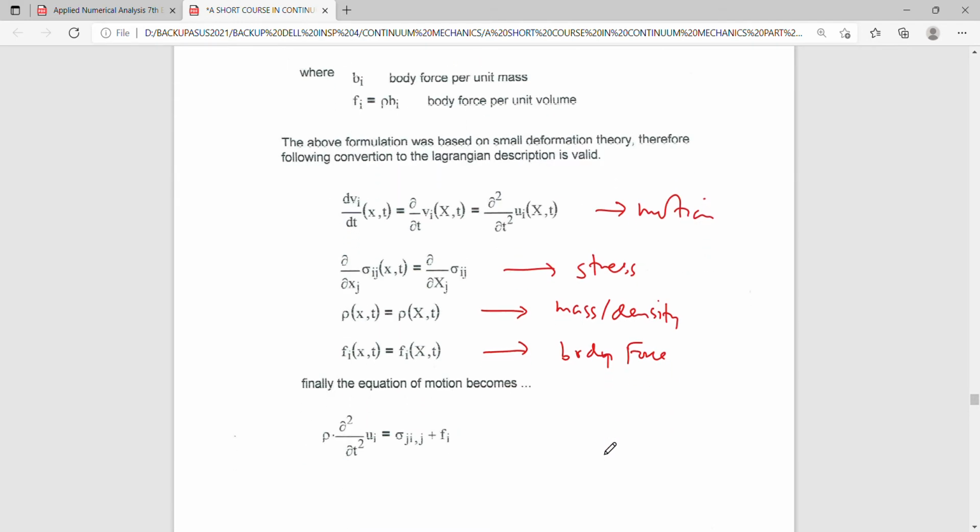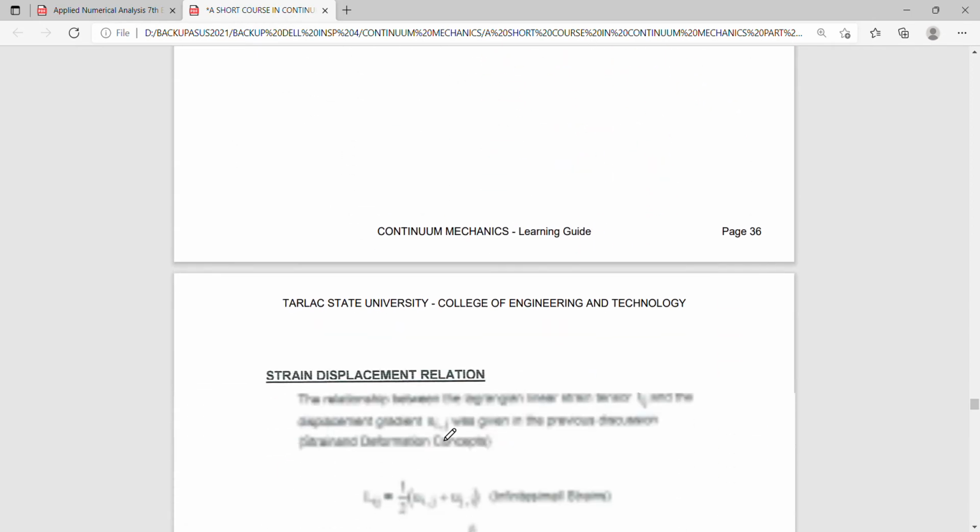So finally, the equation of motion now can be stated by simply using the displacement as your variable of concern on the definition of your acceleration. Okay, so since this is still acceleration times the mass is equivalent to the summation of forces within the system or the body.